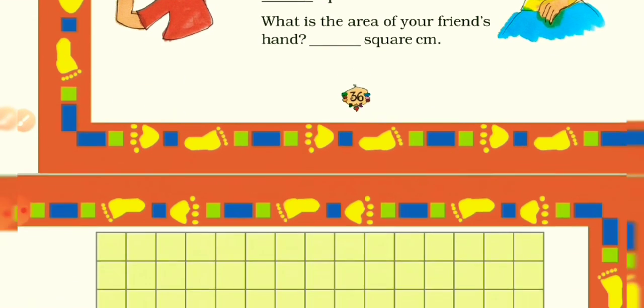Dash square centimeter. Some questions were there, but here is the square sheet, and in this square sheet you will put your hand and your friend's hand and draw them. After that you will check the area of your hand and your friend's hand. How will you check the area? By counting the squares.